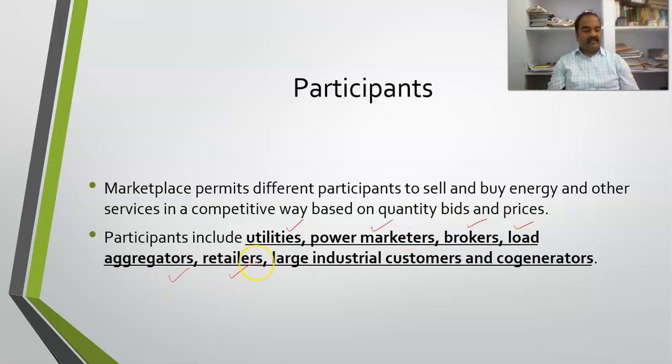These are the people who act independently or on behalf of these utilities. And the large industrial customers who directly want to buy power from the central pool, and co-generators who, apart from electricity, also generate some heat. So these are the different types of participants in the power exchanges. We will see the role of these participants in detail.